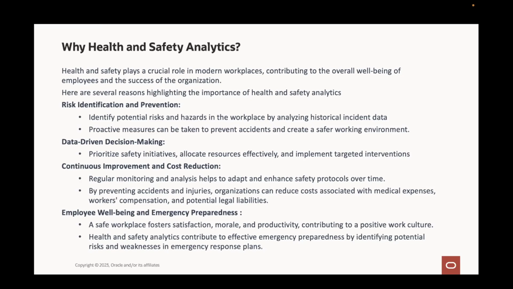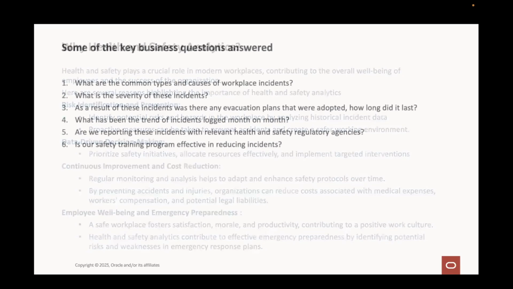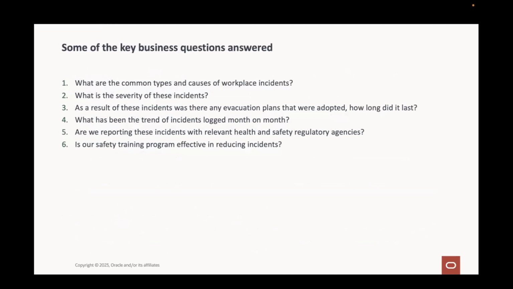So with this, I'm going to turn over to a sample demo, or maybe I'll try and answer a few business questions that you could answer with the subject area currently. Some of this is only a sample that we have listed here. So it could be what are the types of incidents that are happening, and what are the causes and severity of these incidents.